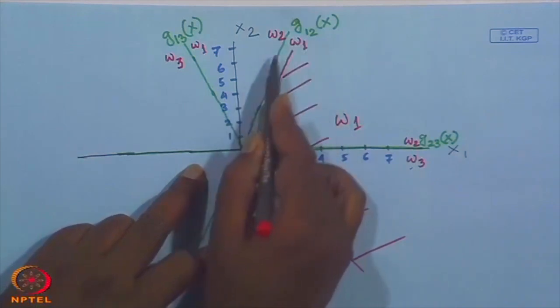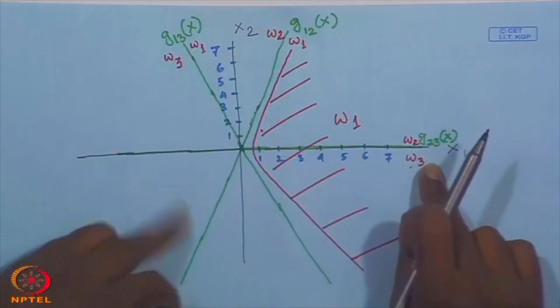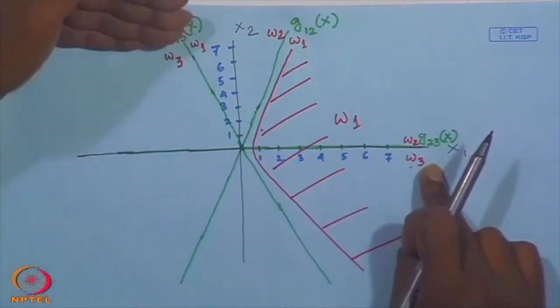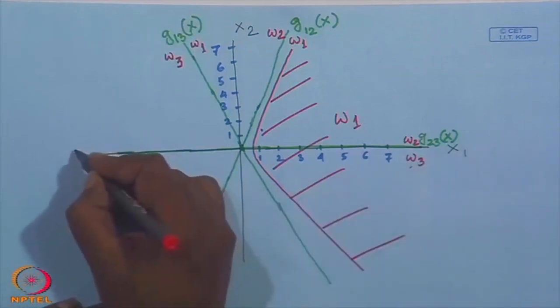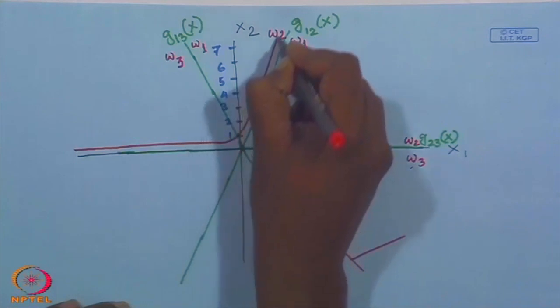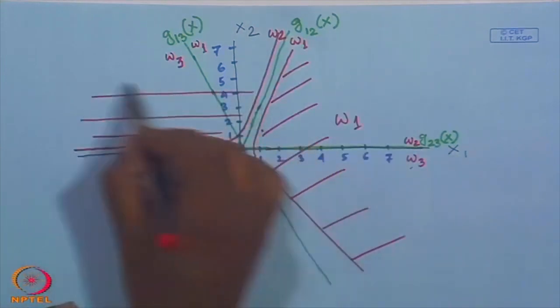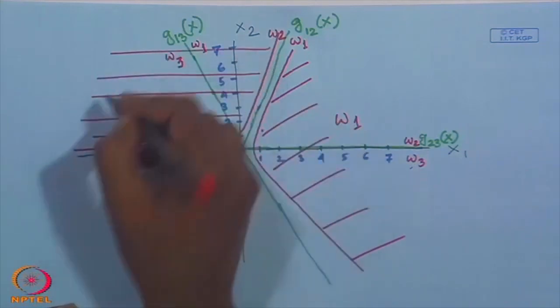So, G12x tells me that this half goes to omega 2, and G23x tells me that this half goes to omega 2. So, finally, the region which is allotted to omega 2 is nothing but this region. So, this is the region which goes to class omega 2.